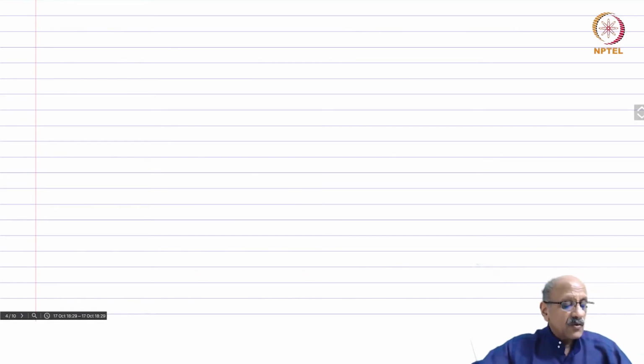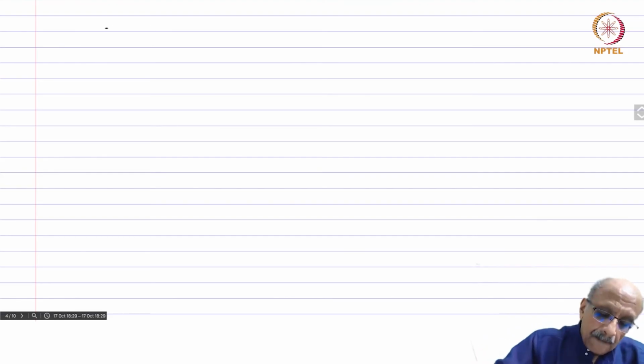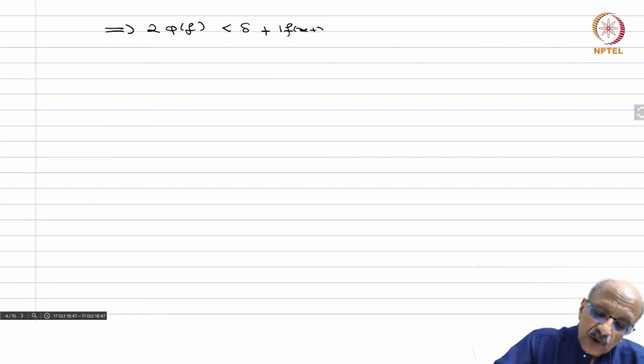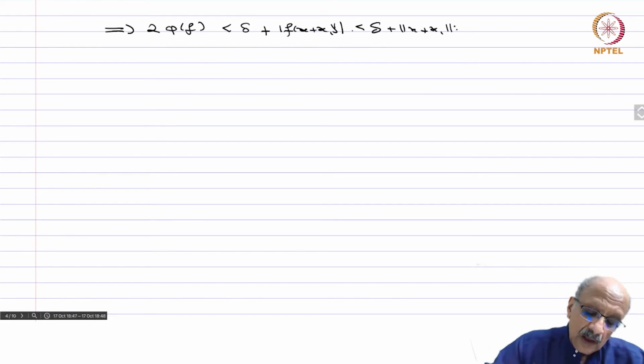So add these two, from this you get that 2 times phi f is less than delta plus mod f of x plus x1, which is less than or equal to delta plus norm of x plus x1, because norm f is 1. Okay, so you have this. Now what is phi f?